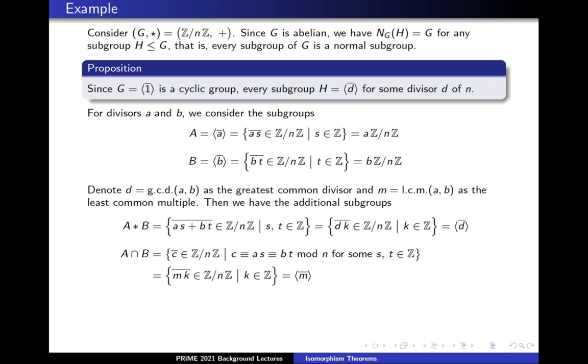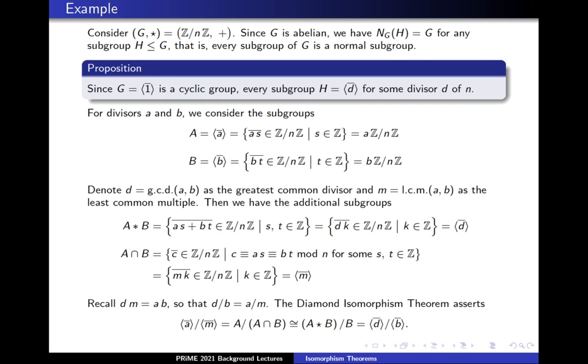Or we can look at the intersection of A and B. So this is the set of C bar in Z mod NZ, such that C is equivalent to AS or equivalent to BT mod N for some S and T in Z. And this is the same thing as MK bar in Z mod NZ for some K in Z. So this is the subgroup generated by M bar.